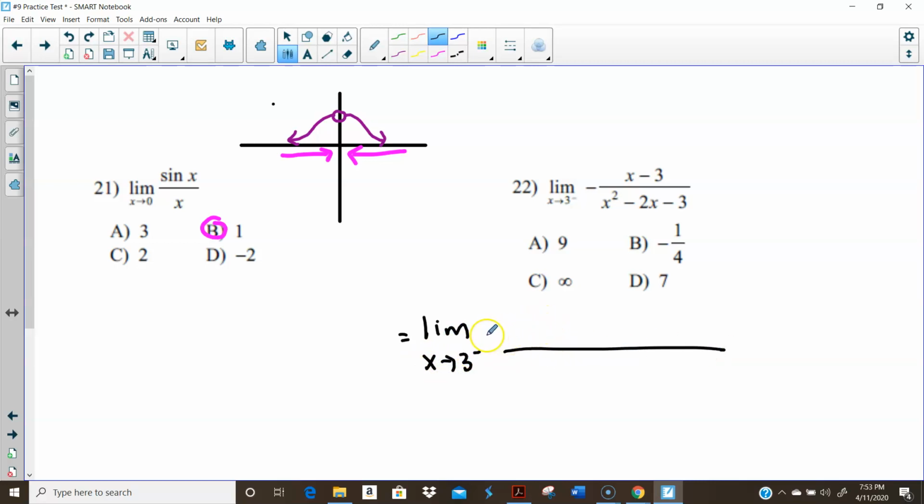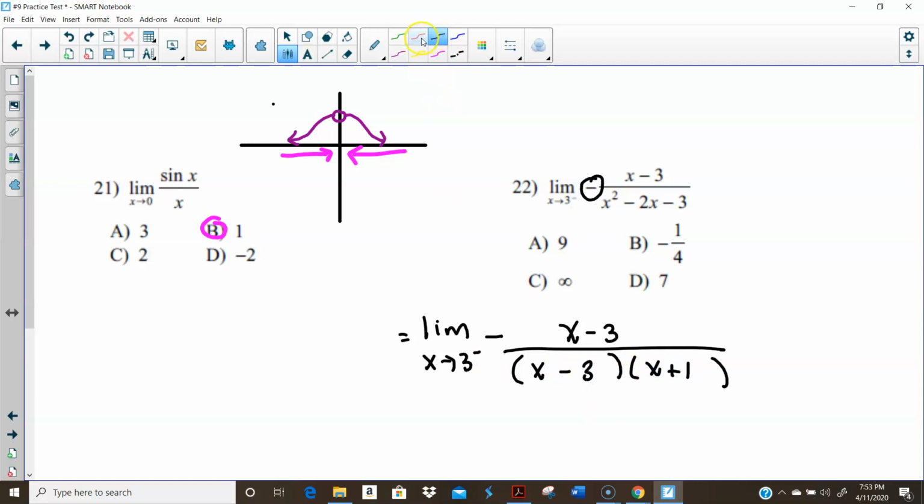And I'm going to leave the negative out in front. There is a negative out in front. I have x subtract 3 in the numerator. In the denominator, when I factor, I'm going to get x subtract 3 and x plus 1.